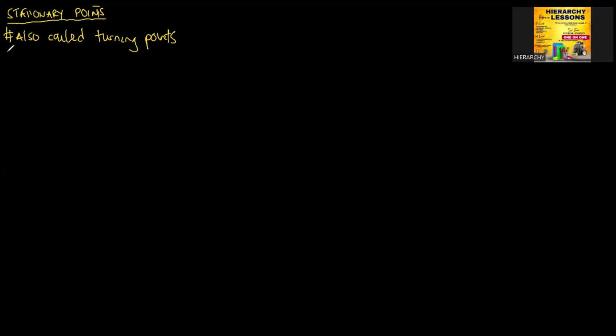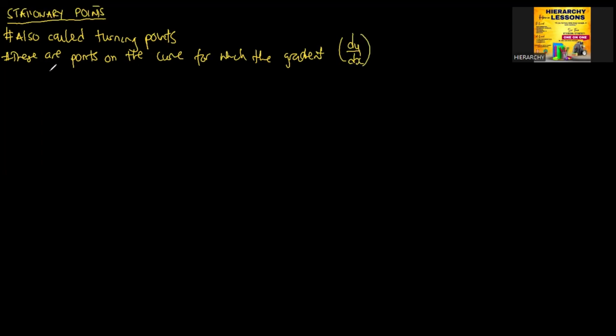These are points on the curve for which the gradient, which is dy/dx of the curve, is 0. Where the gradient of the curve at that point is 0, those are stationary points, or also called turning points.